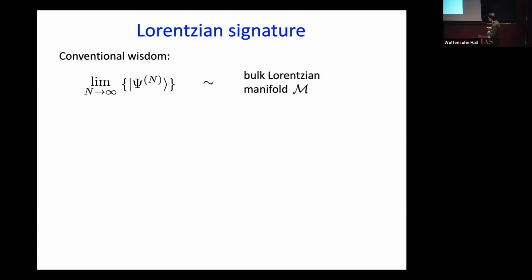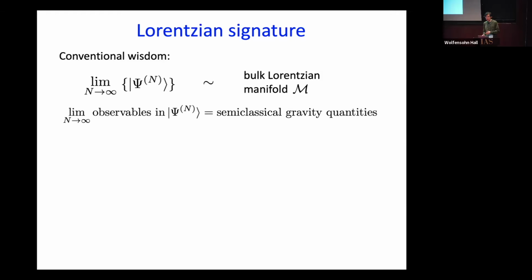And we imagine the sequence of states somehow has some kind of Lorentzian limit, which can be described in the bulk by some Lorentzian manifold, say M. Then the observables in this state, in the Lorentzian limit when you take n to infinity, can be related to semiclassical gravity quantities.